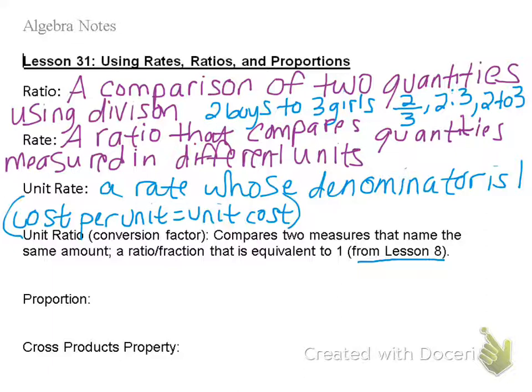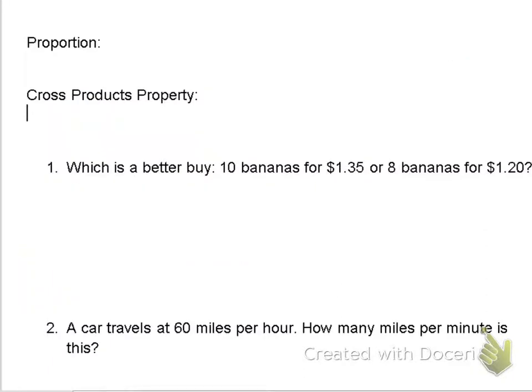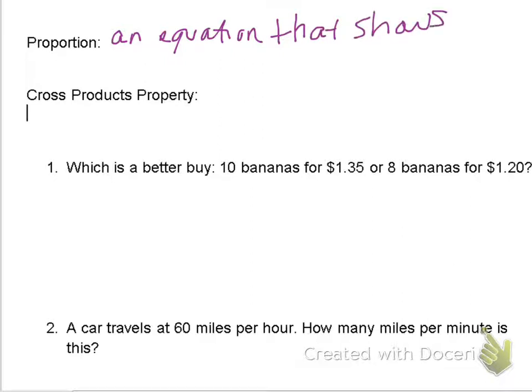Okay, moving on to the next couple of words. We're actually going to move to a new page because I'm out of room here. Proportion and cross products. Proportion is an equation that shows two ratios are equal.